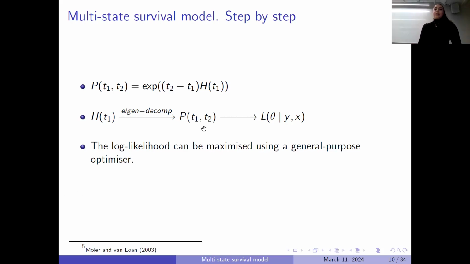And then if we have that, we can have all the transition probabilities and the likelihood contributions, and we can build our likelihood function, right? There are different ways to maximize this likelihood and we can use a general purpose optimizer to do so.